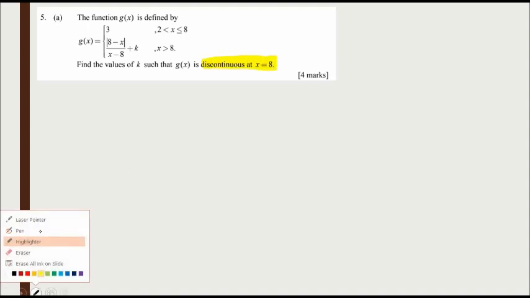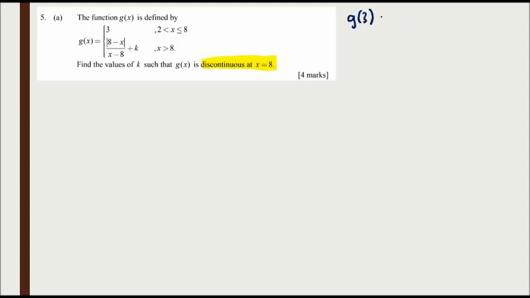So we understand that if it is continuous, the rule we need to follow is that g of 8 is equal to the limit of x approaching 8 for g(x).